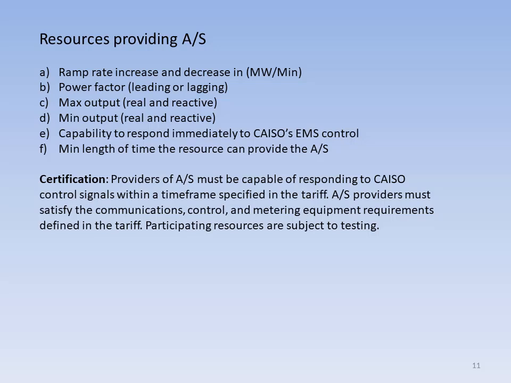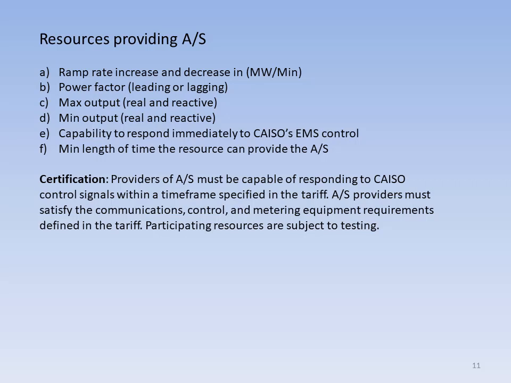A resource offering ancillary services in CAL-ISO is defined by key attributes. Those attributes include its ramp rate in megawatt per minute, its power factor, leading or lagging, its maximum output in megawatt, further defined as real or reactive, its minimum output in megawatt, real or reactive, its capability to respond immediately to CAL-ISO's EMS control, and its minimum duration providing the ancillary service.